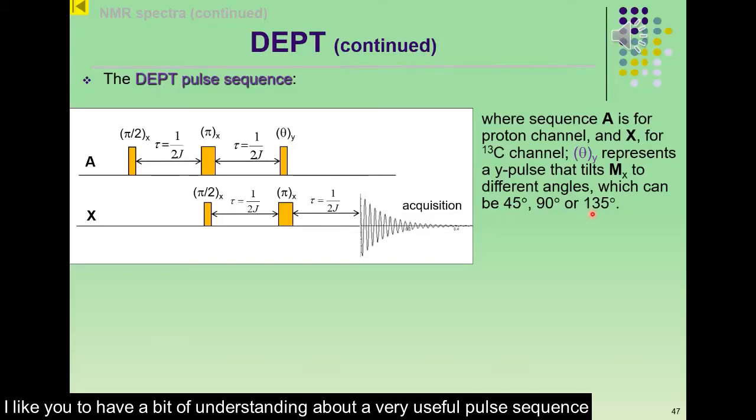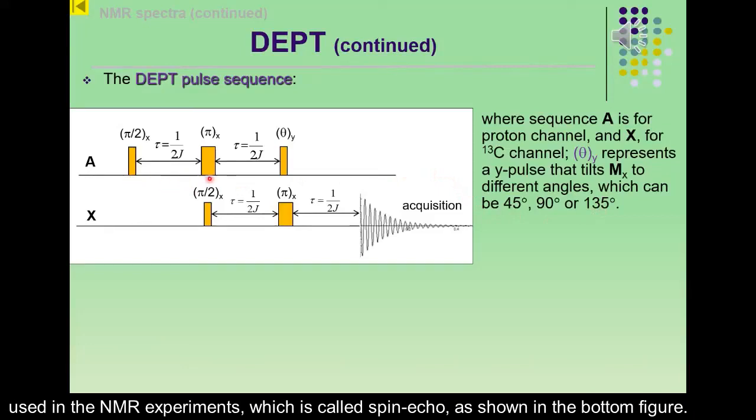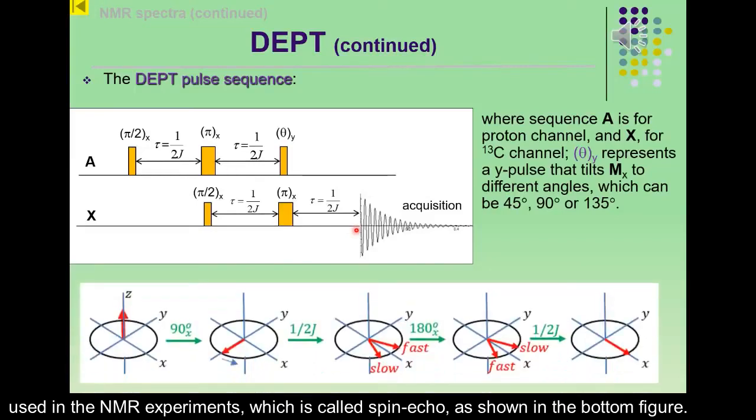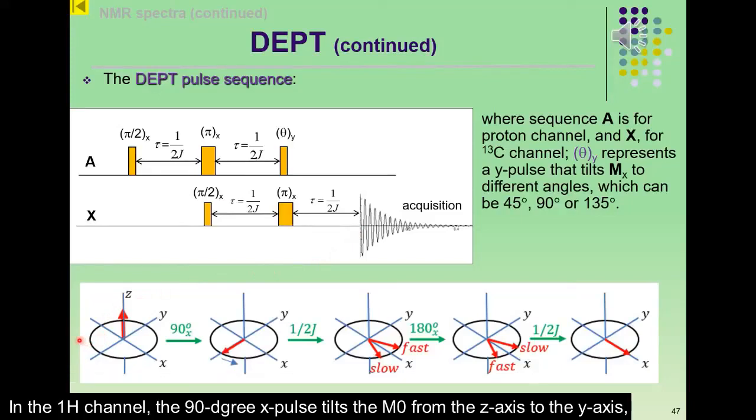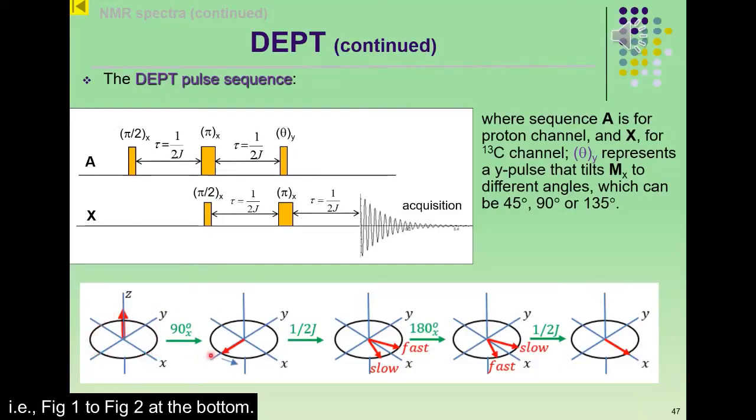I'd like you to have a bit of understanding about a very useful pulse sequence used in NMR experiments, which is called spin echo, as shown in the bottom figure. For simplicity, it is with reference to a CH-CH coupling only. In the 1H channel, a 90-degree X pulse tilts the M0 from the Z-axis to the Y-axis, i.e. figure 1 to figure 2 at the bottom.